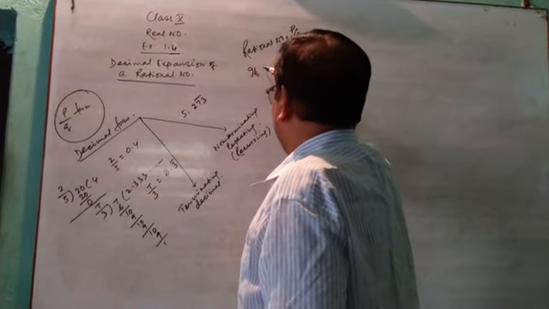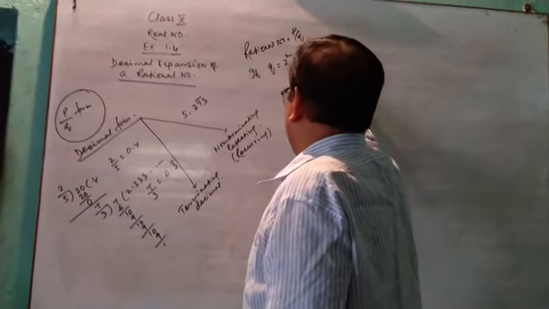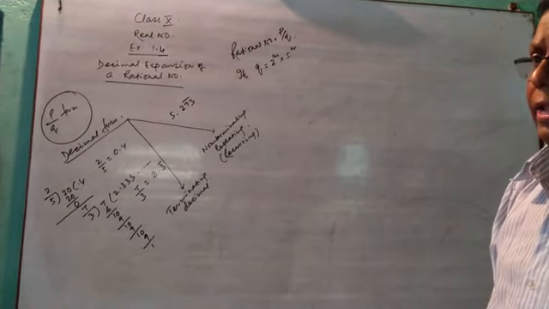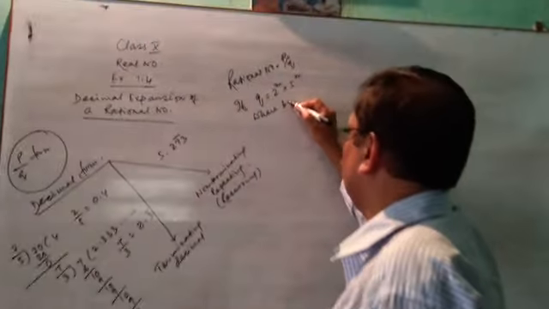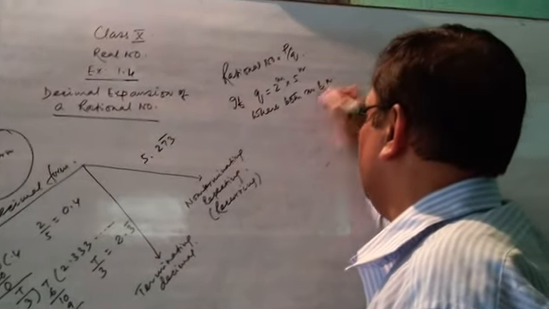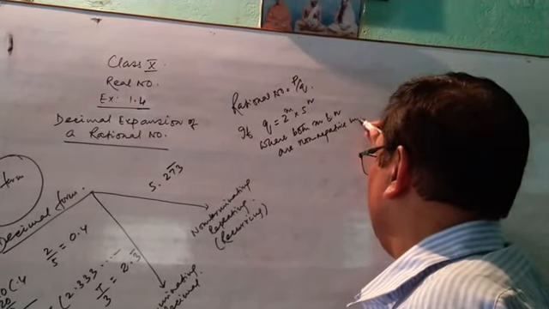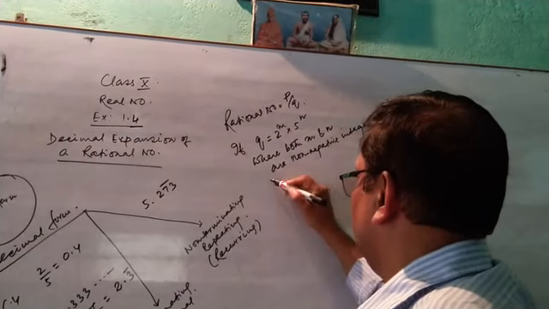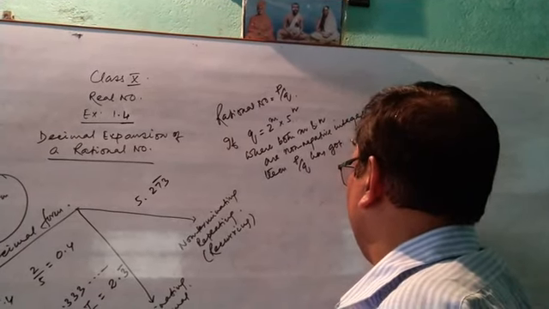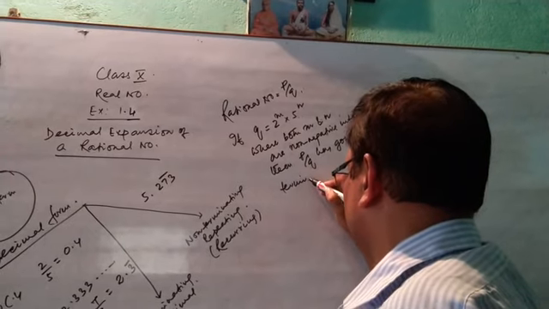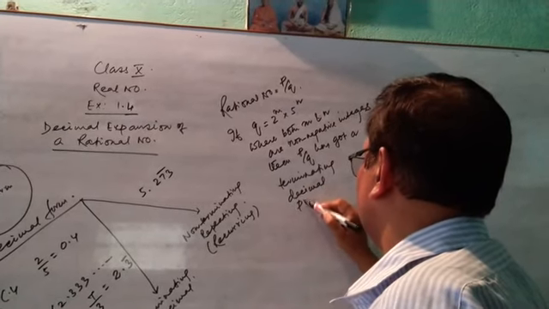If q is equal to 2 to the power m into 5 to the power n, where both m and n are non-negative integers, then p by q has a terminating decimal representation.